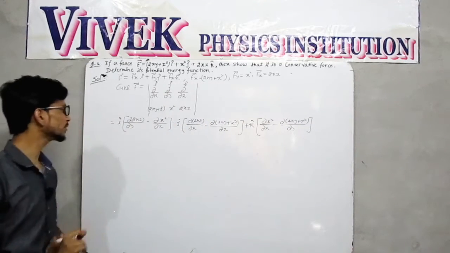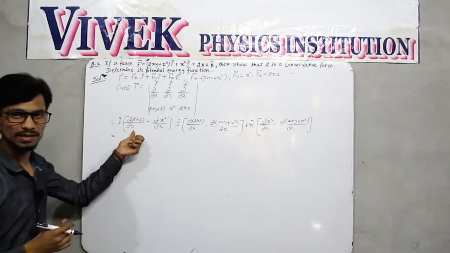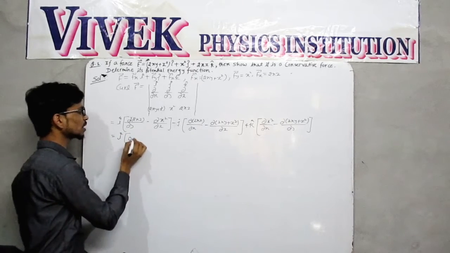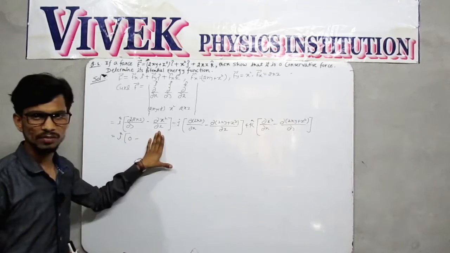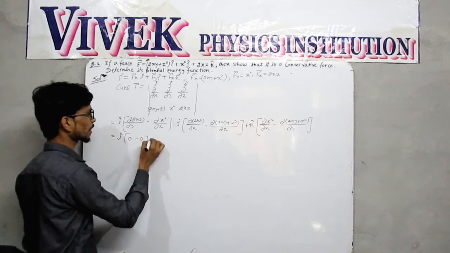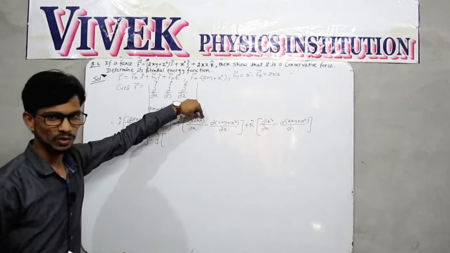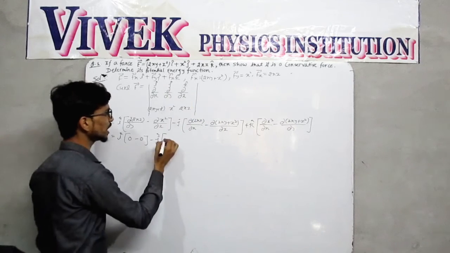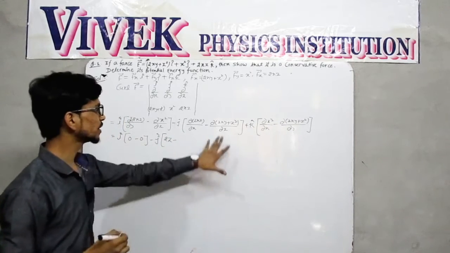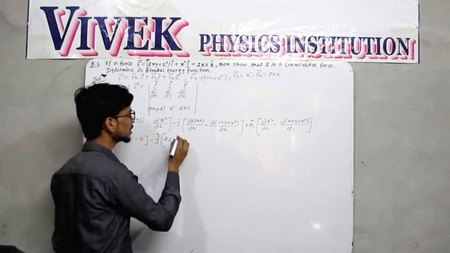Okay, now we can differentiate these portions. Here the differentiation of this portion with respect to y is simply 0 because y is not appearing here. So I can write 0, and minus, here also this portion will be 0 because z is not appearing, and minus j cap. Here the differentiation of this portion with respect to x is simply 2z because x becomes 1, and minus, here the differentiation of this portion with respect to z is simply 2z because the other portion will be 0.